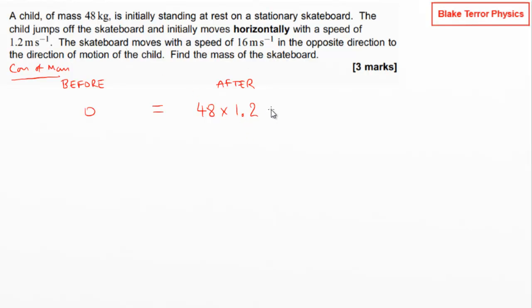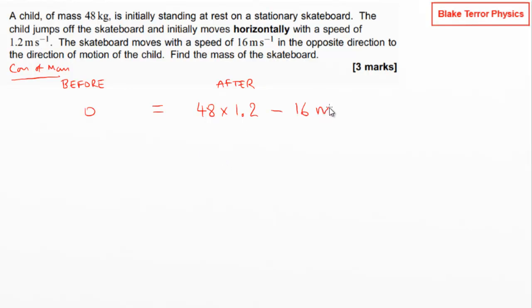The skateboard's moving in the opposite direction. It's going at 16 meters per second. So we're going to have to put a minus in there because this is all vector stuff going on here. Momentum is a vector quantity, so we need to have that as minus 16 meters per second if we've got plus 1.2 meters per second for the child.